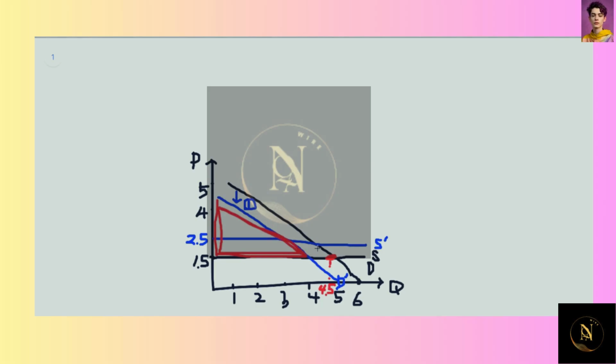And the tax revenue is going to be the difference between the old demand curve and the new demand curve. So government revenue is the area colored in green here.